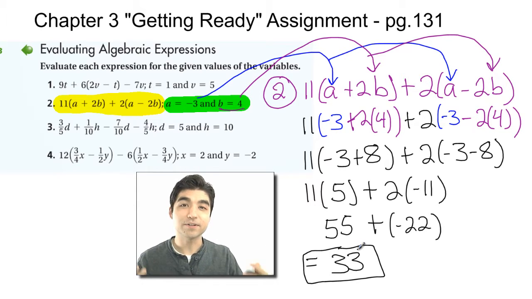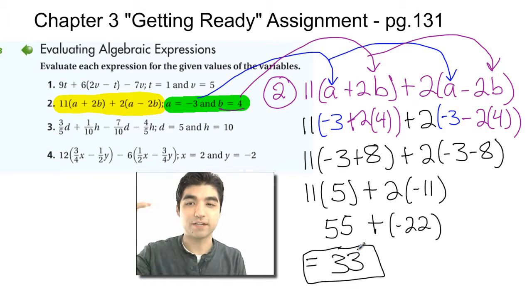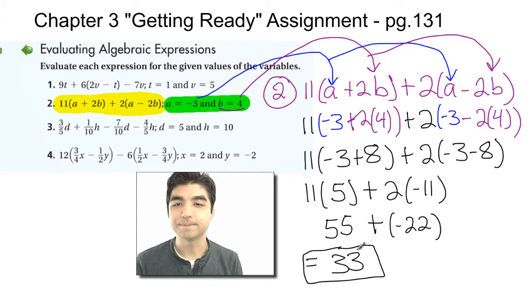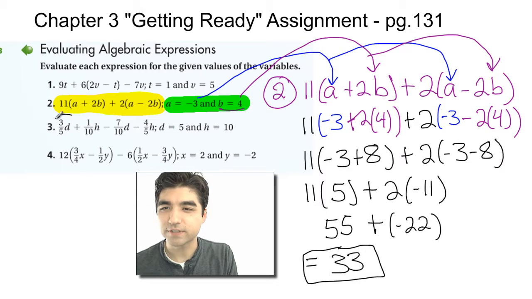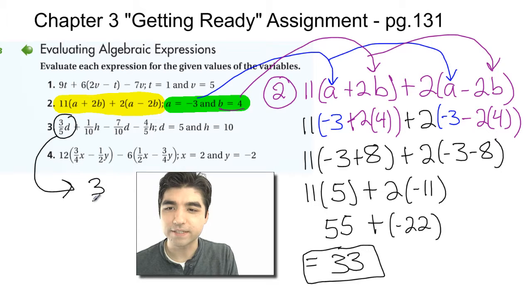So that is how you do this chunk of problems. The only thing that might mess you up is these fractions right here, so let me show you that real quick. If you have 3/5, and what's D in our situation? D's 5.